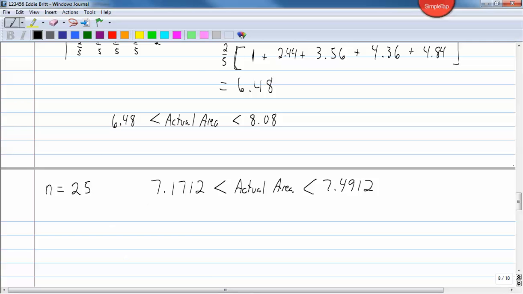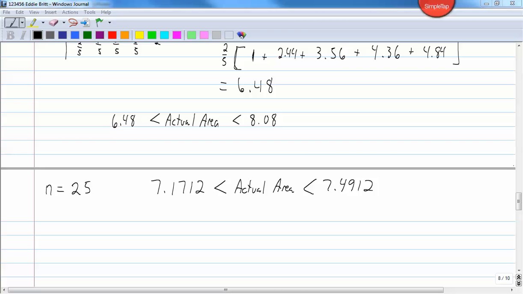Well, what if n equals 50? What if n equals 100? What if it equals 1,000? What if it equals 1,000,000? The larger n gets, the closer we actually get to the area.